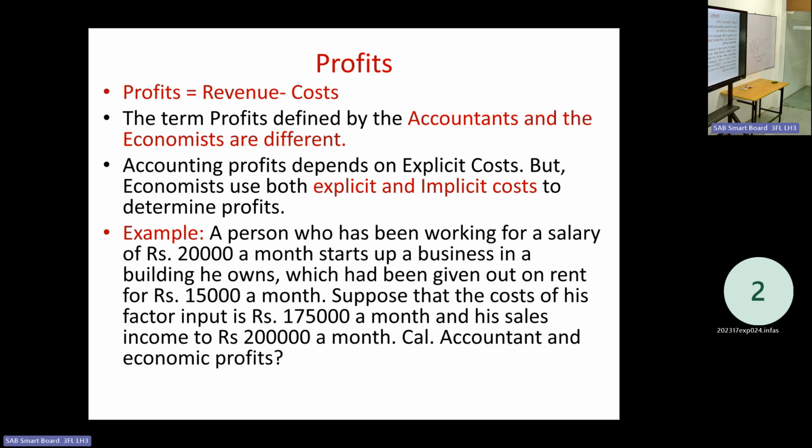Now we know the total revenue and total cost, all the functions and behaviors we observed.